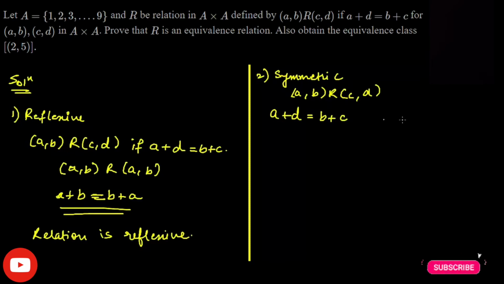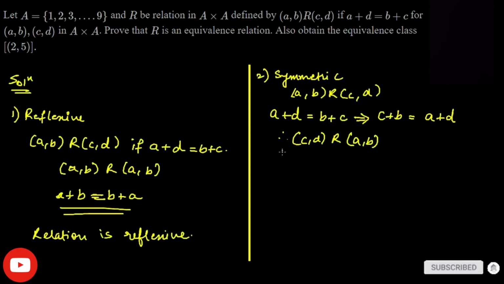Now if I write this as c + b equal to a + d, this is similar to what we are given. So there is no difference between these two terms. Therefore, this can be written as (c, d) is related to (a, b). Therefore, the relation is also symmetric.